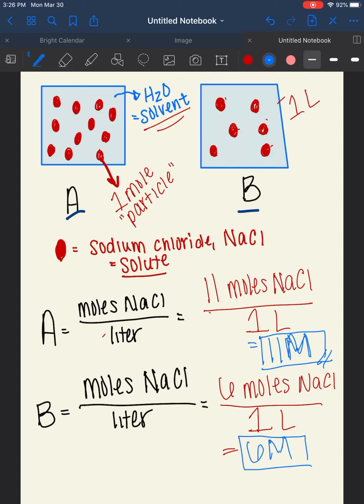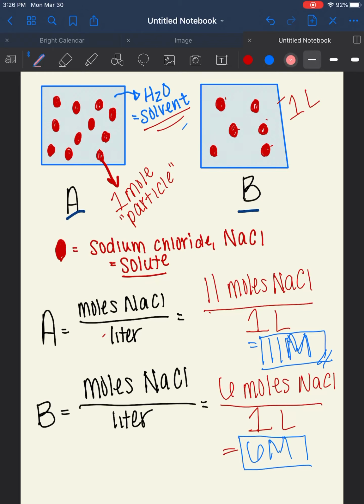These values are very high. Typically, you won't see whole numbers this high unless you're dealing with very concentrated acids. But again, this is just for an example. Solution A is an 11 molar solution. Solution B is a 6 molar solution.